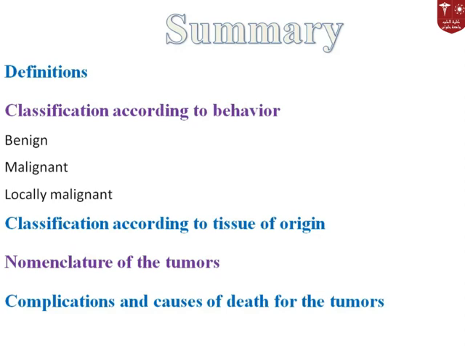Okay? And the possibility of turning into malignant differs from one type of tumor to another. And we know that malignant tumors can cause cachexia, a wasting syndrome of the body, which may be the first presenting symptom of the patient.